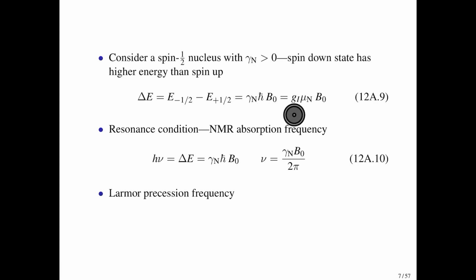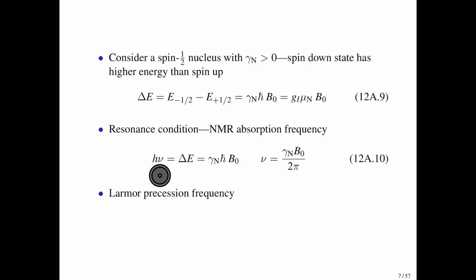Now that we have two split energy levels, you could imagine doing a spectroscopic experiment where you bombard the system with radiation, and you could cause the nuclear state to flip from one state to another, say from the up state to the down state. What we're doing here is calculating the resonance condition for such a transition.